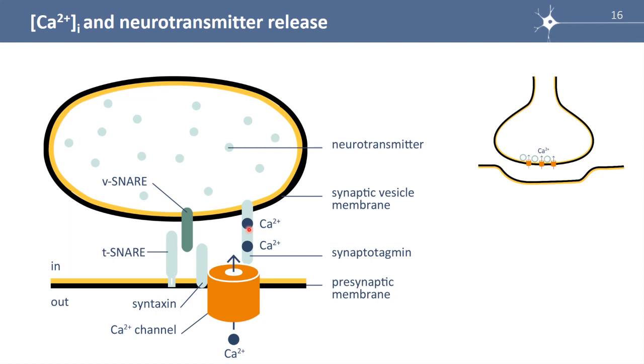It's a calcium sensor. What does it mean? There are sites where calcium binds, and when calcium binds, there is a change of conformation of the whole system, so that now the vesicle comes very close to the presynaptic membrane and the two membranes fuse. This phenomenon is known as exocytosis.